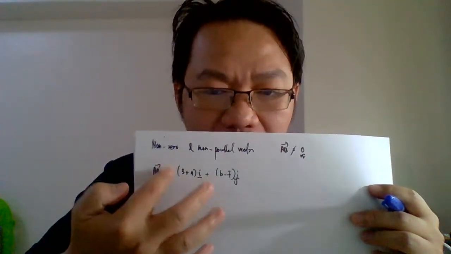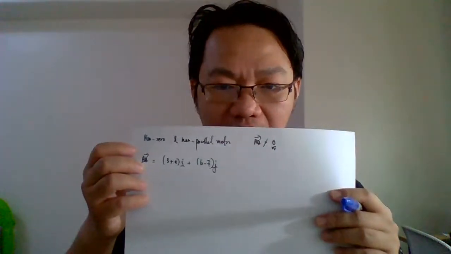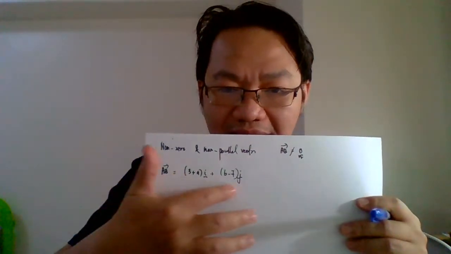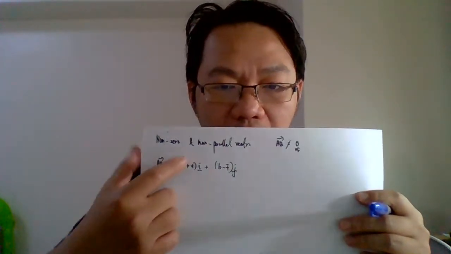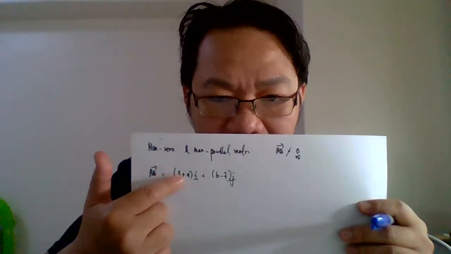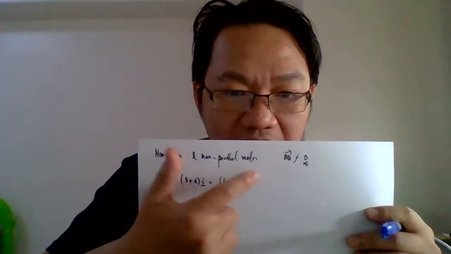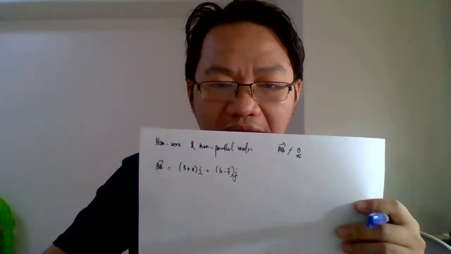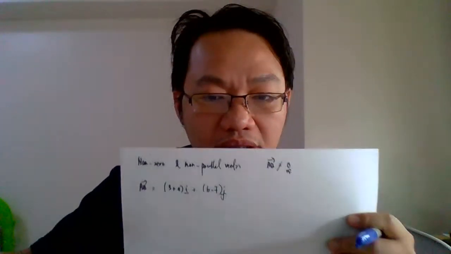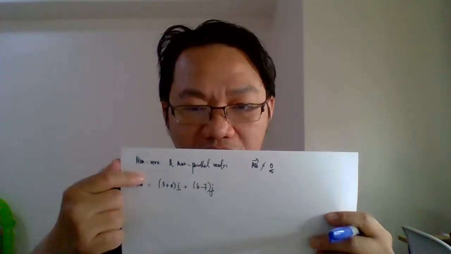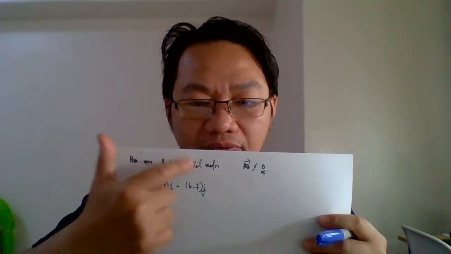And then my question is, find a and b. If this vector is non-zero and non-parallel, it's very easy. To solve this kind of question, just take 3 plus a equal to 0, b minus 7 equal to 0. Then you find your a, you find your b. That's all. That's how you solve the problem for non-zero and non-parallel vector.